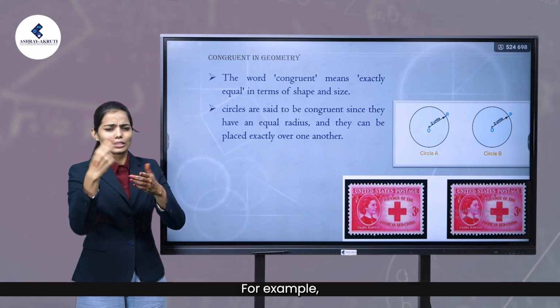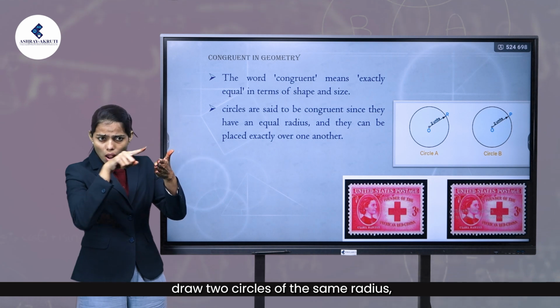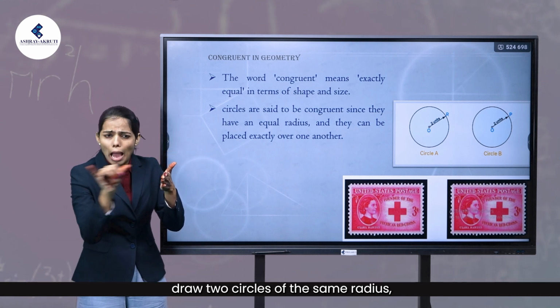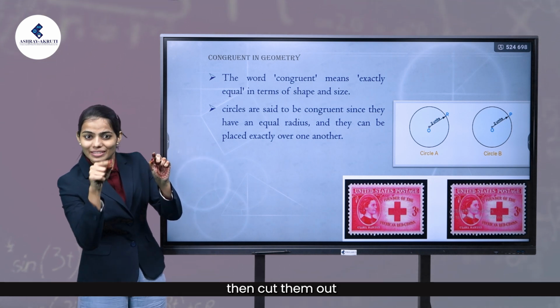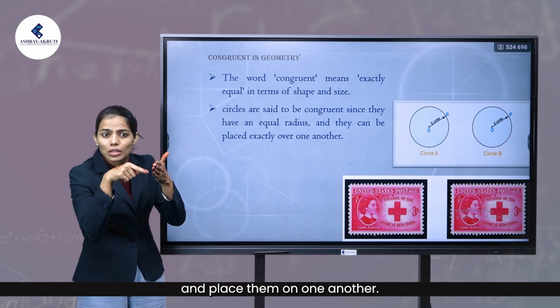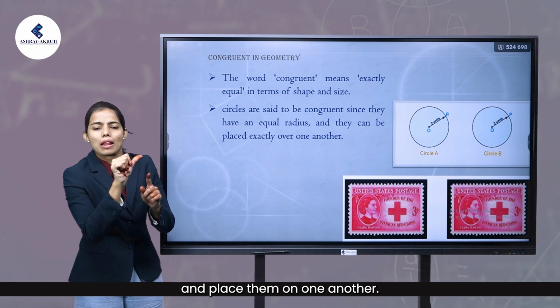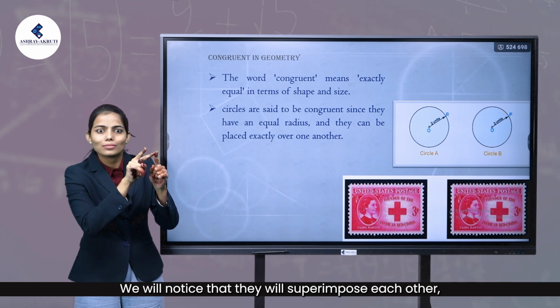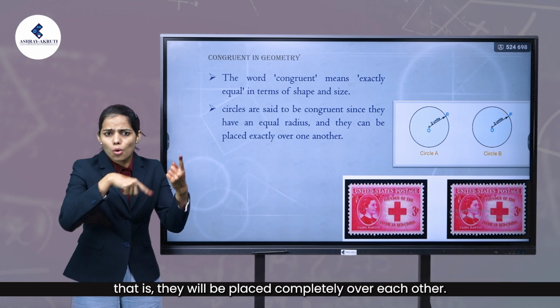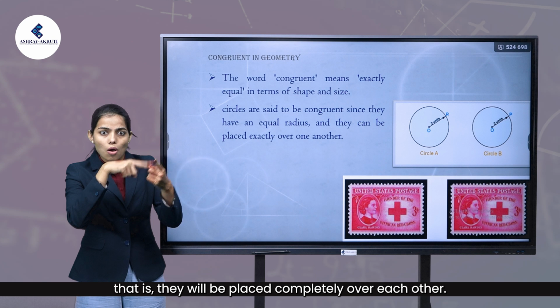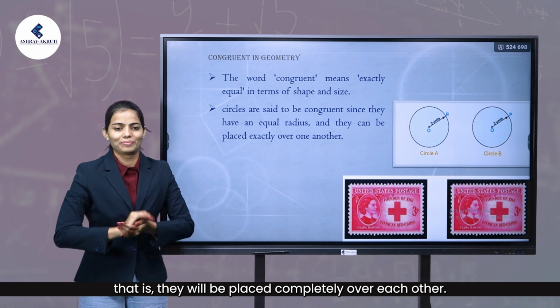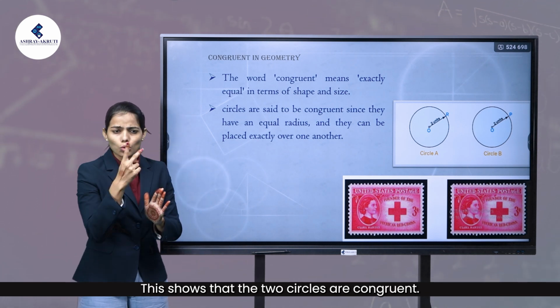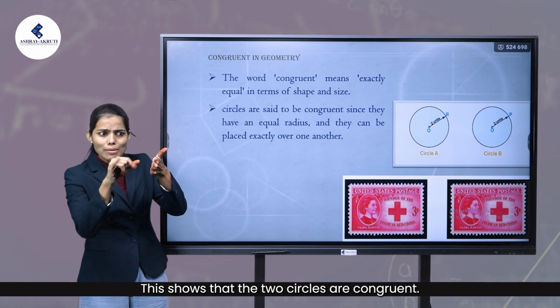For example, draw two circles of the same radius, then cut them out and place them on one another. We will notice that they will superimpose each other. That is, they will be placed completely over each other. This shows that the two circles are congruent.